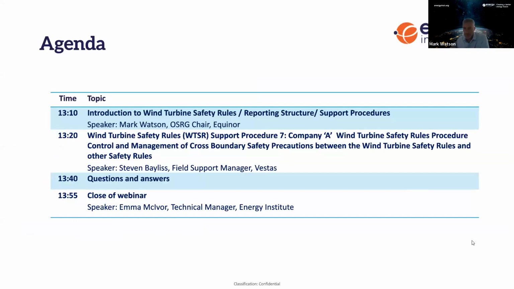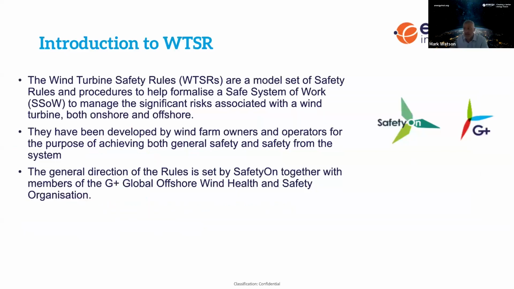Thank you, Emma. So just a small introduction to the Wind Turbine Safety Rules. The Wind Turbine Safety Rules are a model set of safety rules and procedures to help formalise a safe system of work and help manage significant risk associated with both offshore and onshore wind turbines.